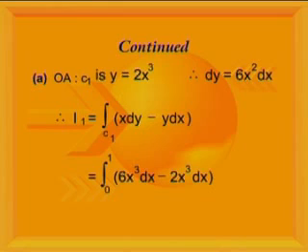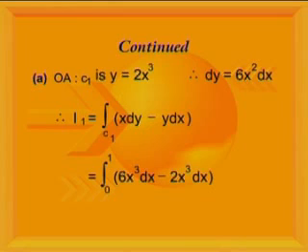If we call this integral I1, then I1 is equal to the integral of x dy minus y dx along this curve C1, which is easy, and that is equal to the integral of 6x cube dx minus 2x cube dx. Here we have replaced dy by 6x square dx and y by 2x cube.